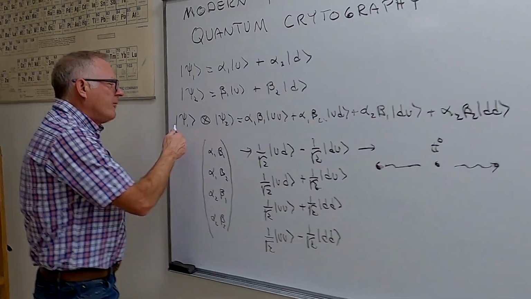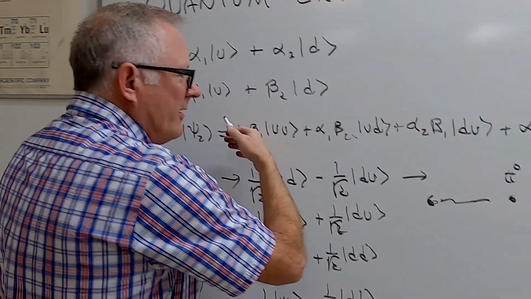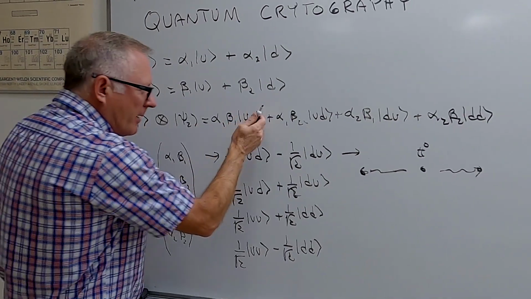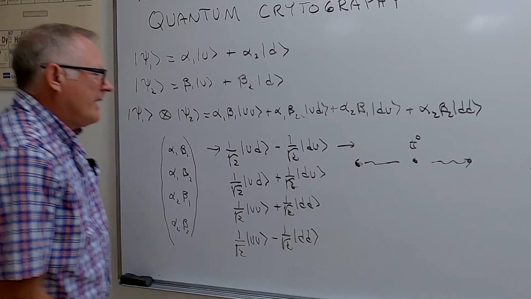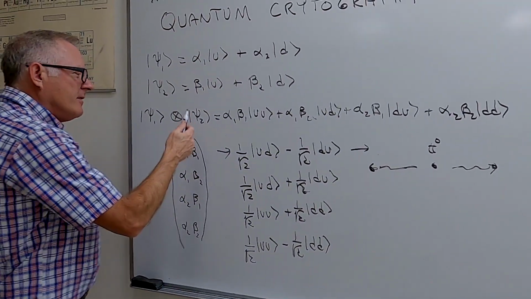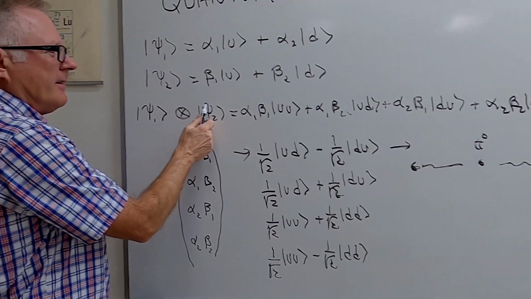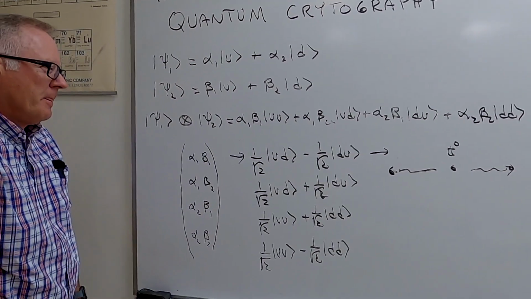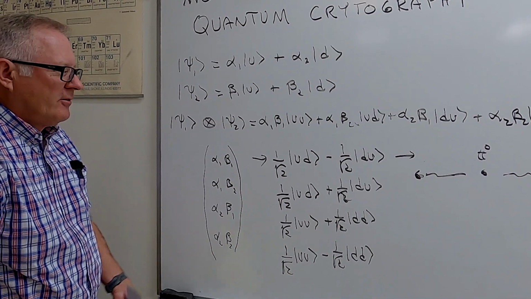We also said if we had 3 terms, then we would have 8 of these. You'd have a column of 8 numbers here, and you'd have like up, up, ups, and up, down, ups, and so on. And we said if you had 300 of these qubits right here, then you'd have 2 to the 300 terms, and that's more terms than there are particles in the universe.